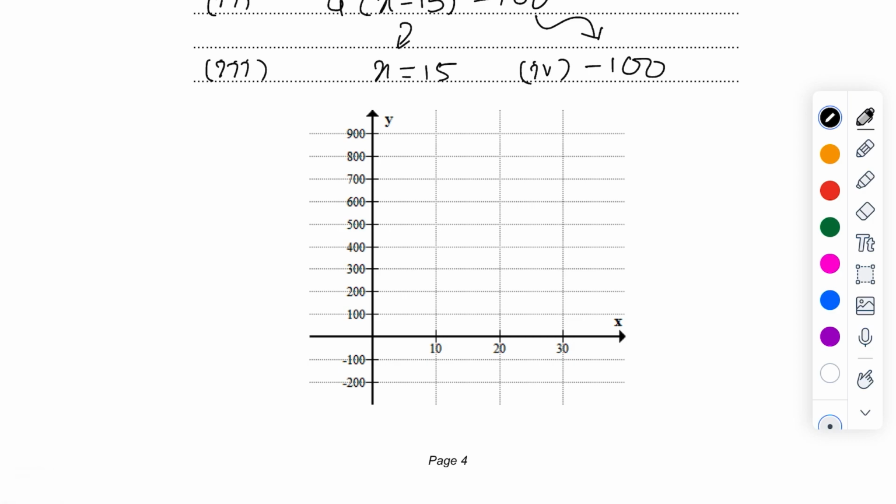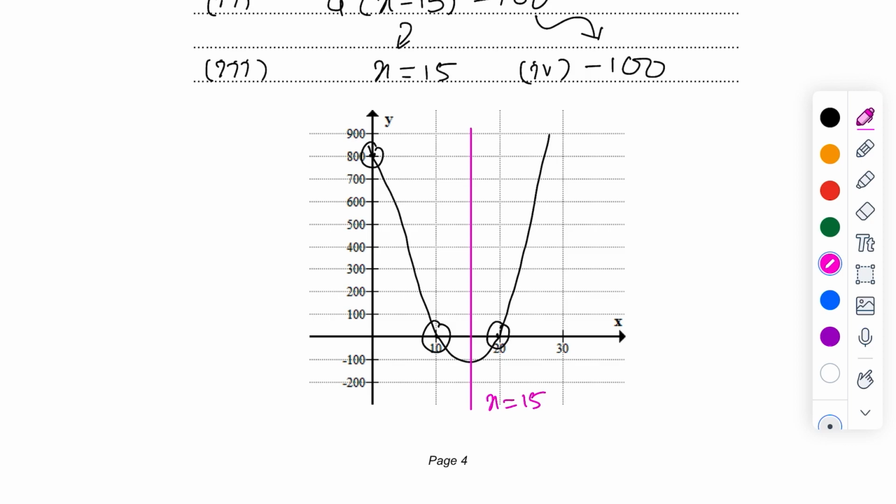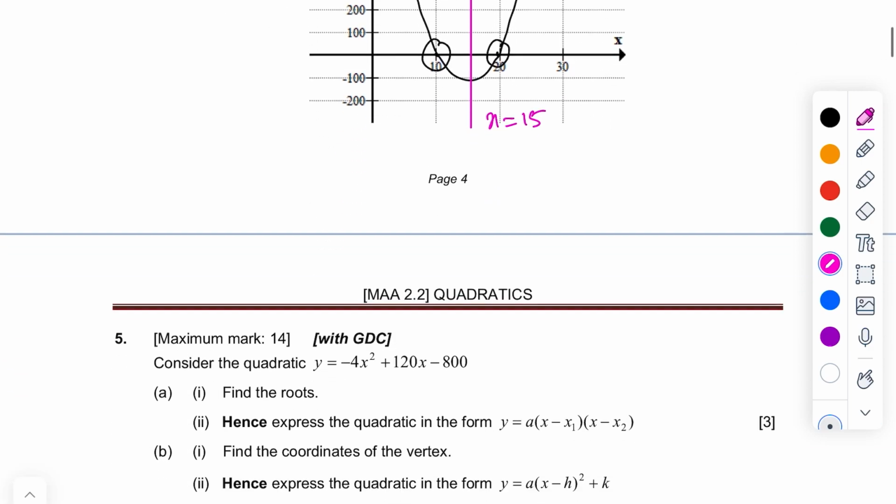We know that 800 is going to be the y-intercept, and the roots are 10 and 20. So I'm going to draw a parabola joining all. So this should be the approximate way, and axis of symmetry, it is somewhere between 10 and 20, which is 15, is going to be the axis of symmetry.